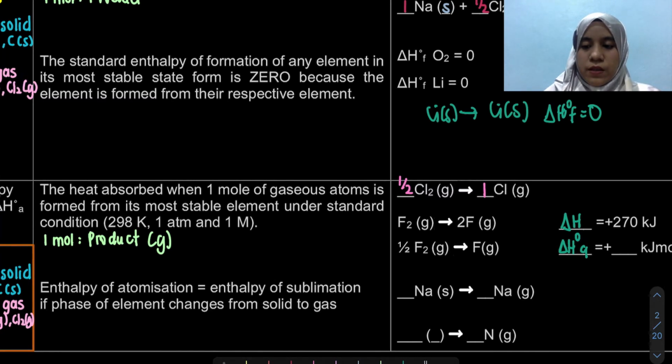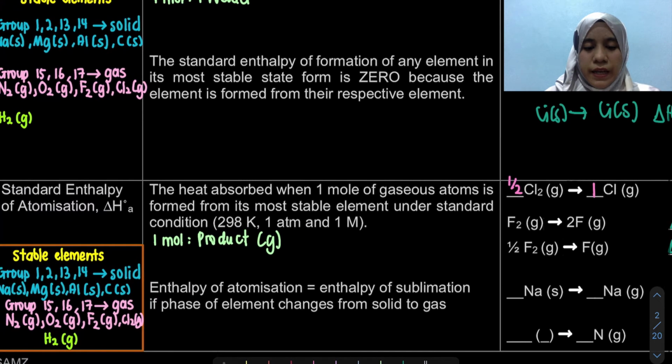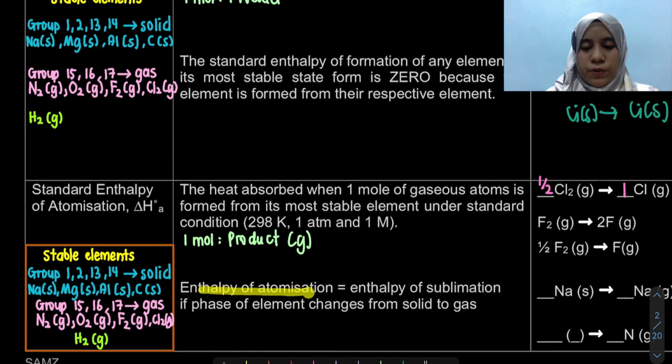Since this one is 270, okay, yang ini kan half of this equation. So the value pun half of this value. So it become positive 135. Okay. Last one here, it mentioned that the enthalpy of atomization is equal to enthalpy of sublimation. Certain question give it to you the enthalpy of sublimation.